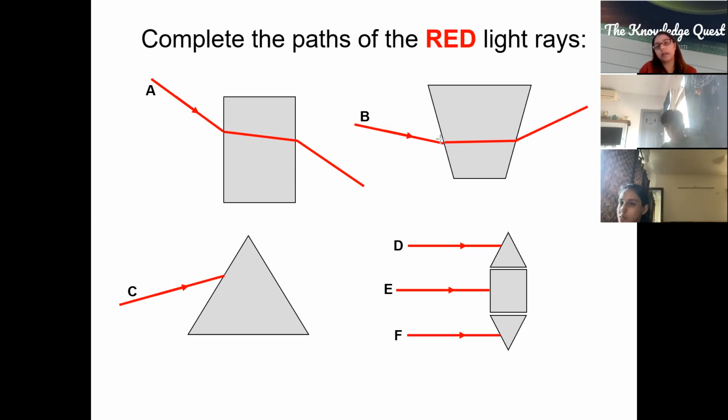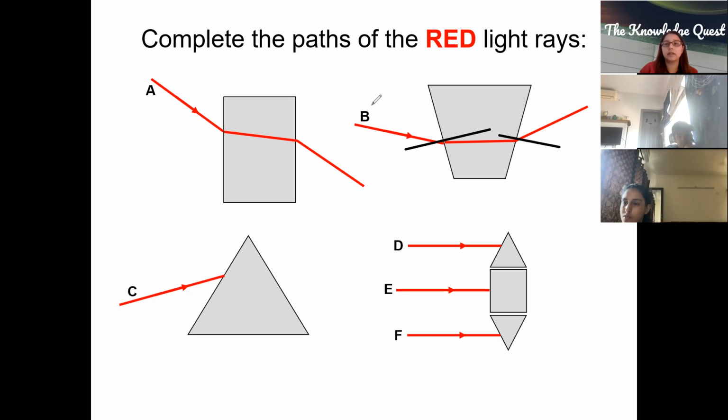So your normal has to be at 90 degrees on this. Right? So 90 degrees would mean something like this. Same way here also. A 90 degree would be something like this. Now measure from that.